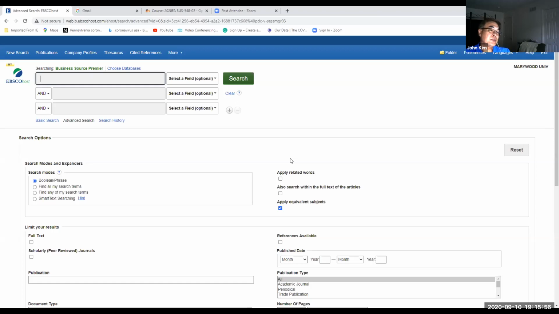So using this search engine, try to find a supply chain management case, whatever.